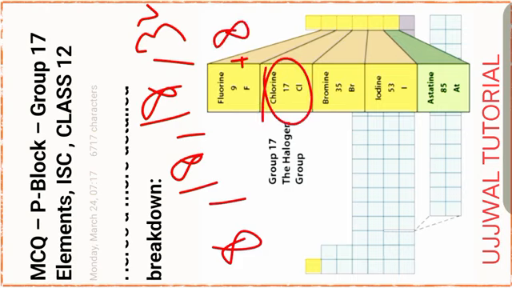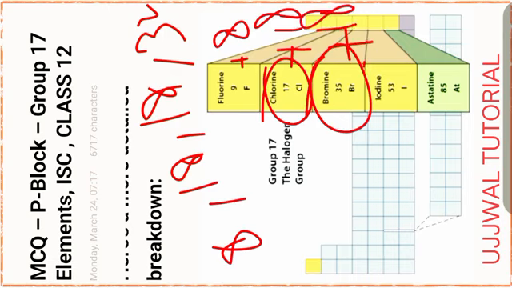Chlorine 17 plus 18 gives the atomic number of bromine, 35. 35 plus 18 gives the atomic number of iodine, 53. 53 plus 32 gives the atomic number of astatine, 85.